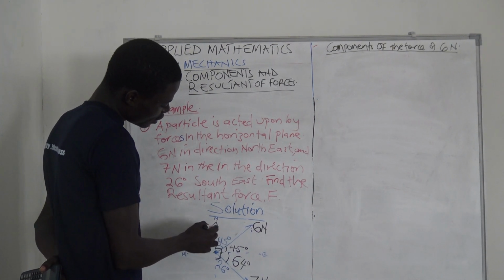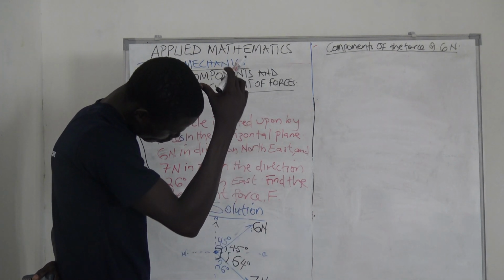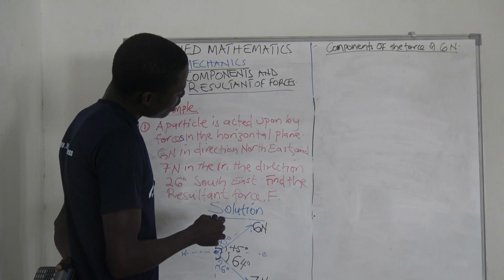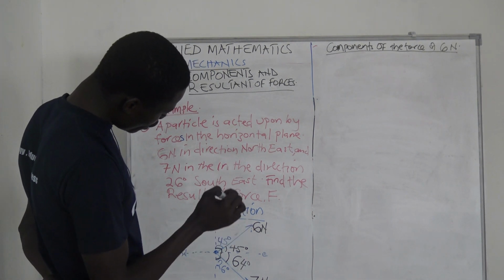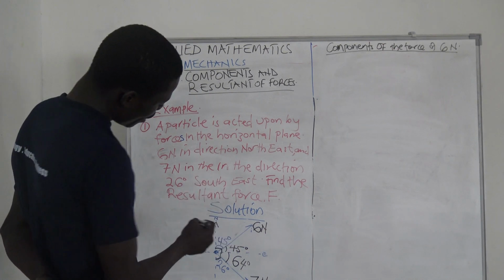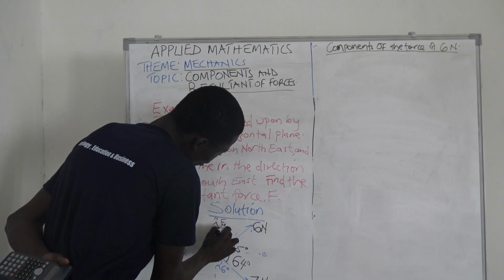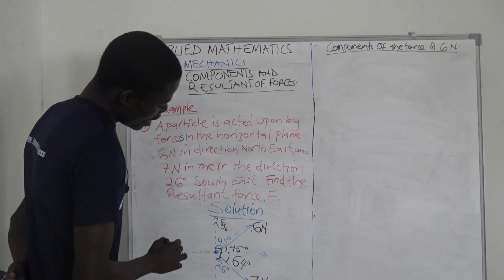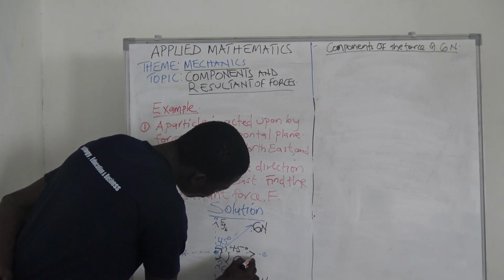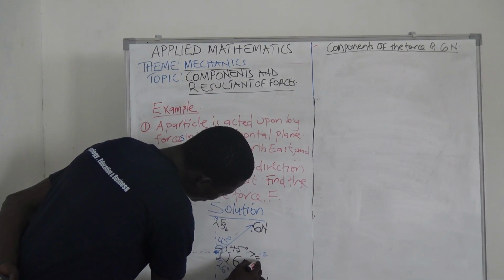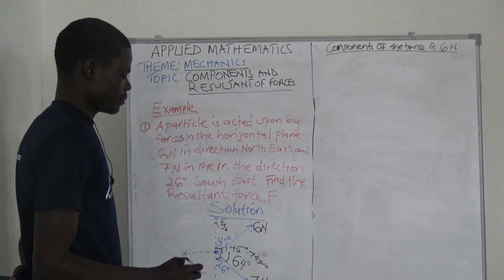Let us call the vertical component Fy due to the 6 Newton force, and name the horizontal component Fx due to 6.